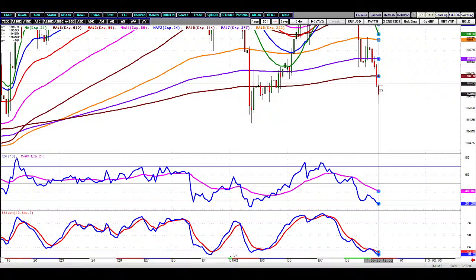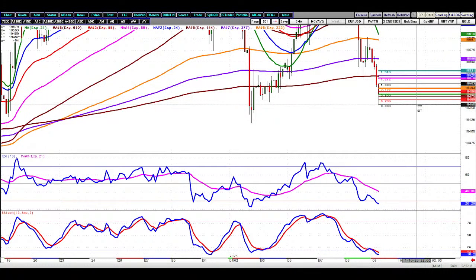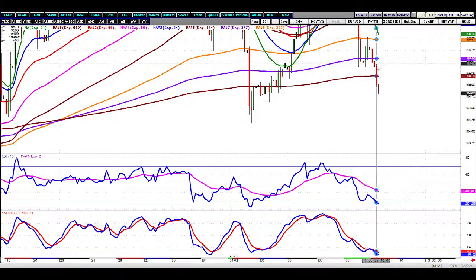So what we can do is go for another sell at 195 or 95.20, and stop above 95.50.